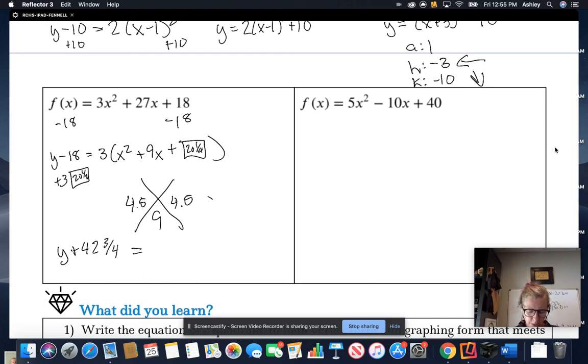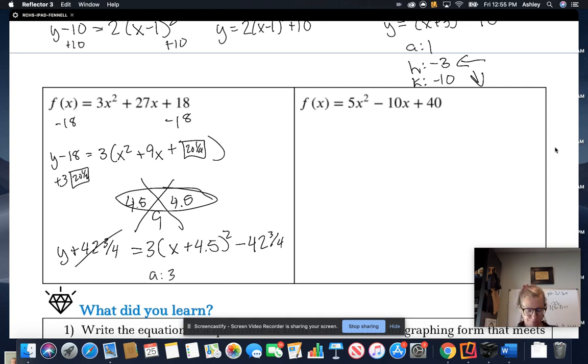And that's going to equal, again, we've already done the hard work here, 3 times x plus 4.5 squared. And then I just need to subtract my 42 and 3/4 on both sides. That's gone over there. And now I have my equation in graphing form. Ugly, yes, doable, totally. All right, so now what we want to do is write our values.